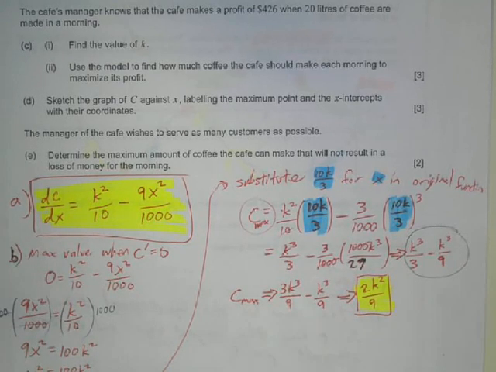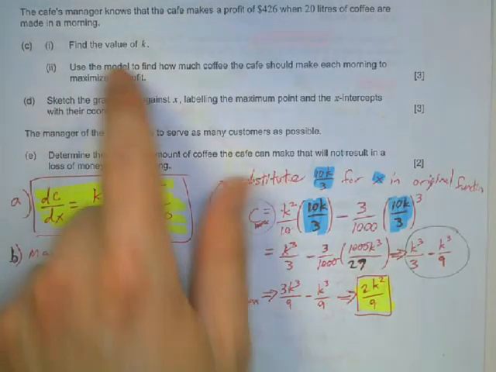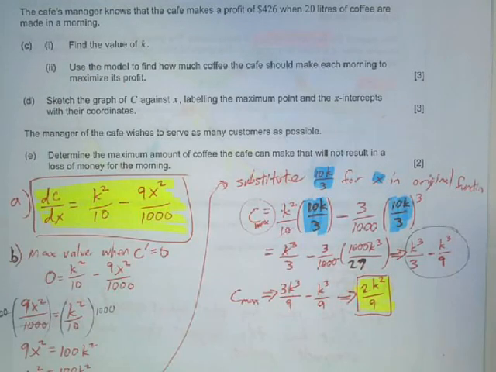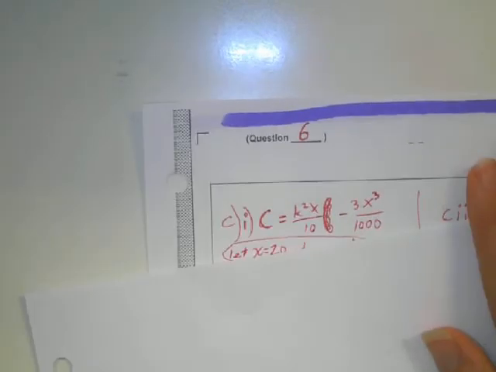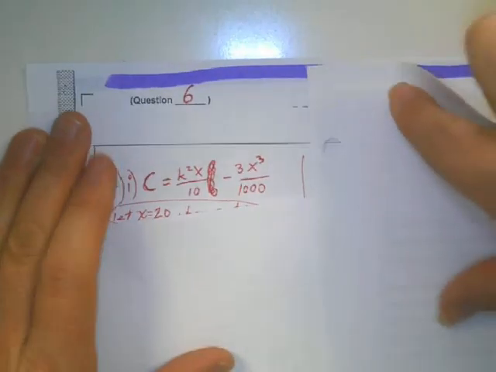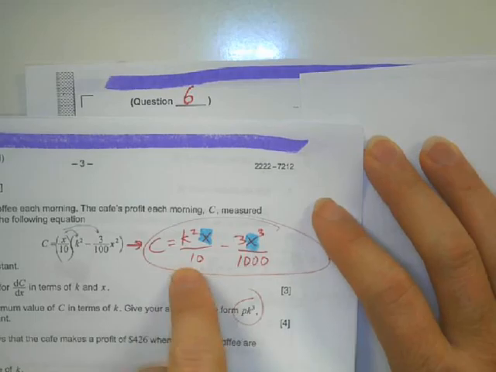Question C says find the value of k. So to find the value of k, okay, so here is our original function, right? From here. Here is the original function.